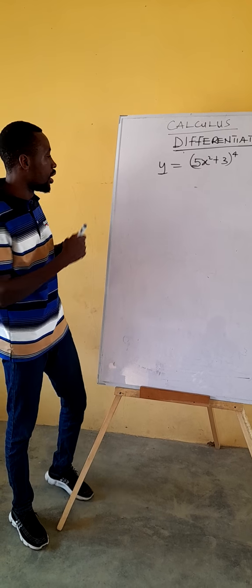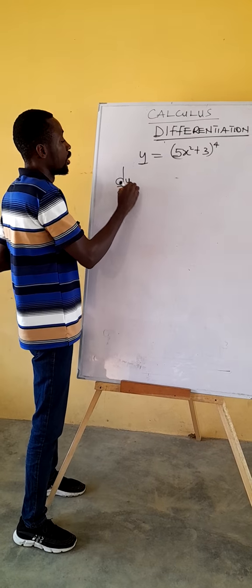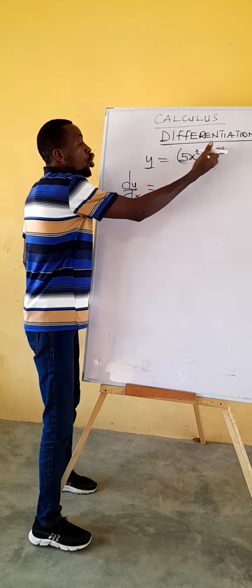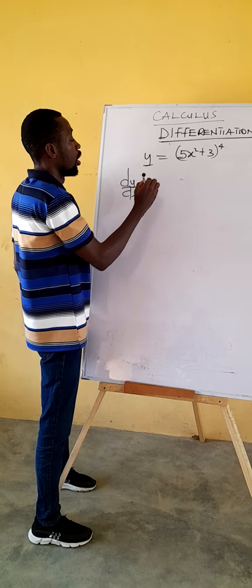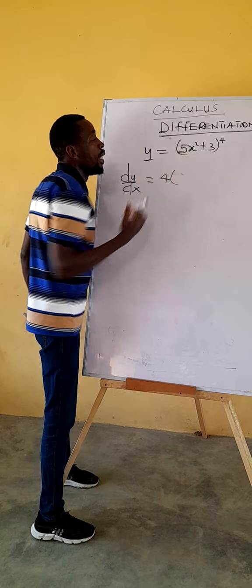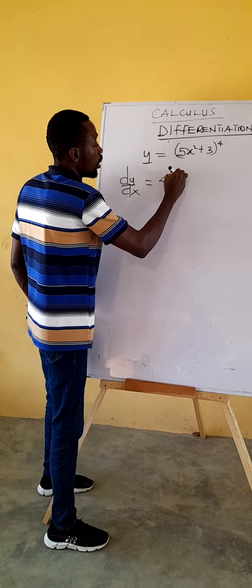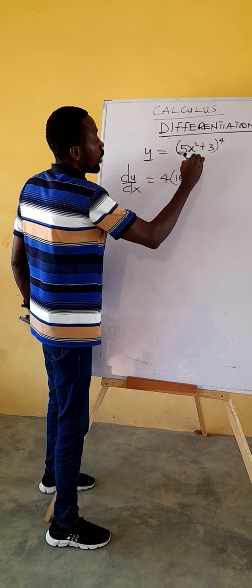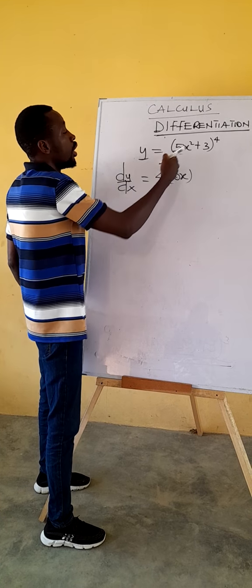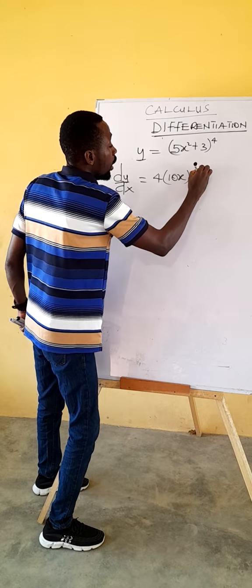It simply means that to find your dy by dx, drop the power 4. Now you differentiate the base. When we differentiate this, we get 10x. The differential of this is 0. Then you repeat the base again.